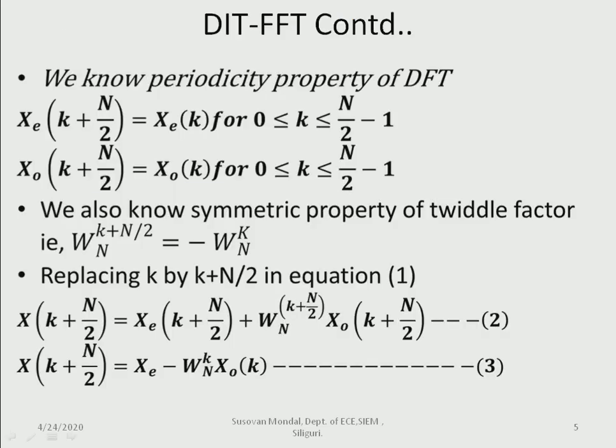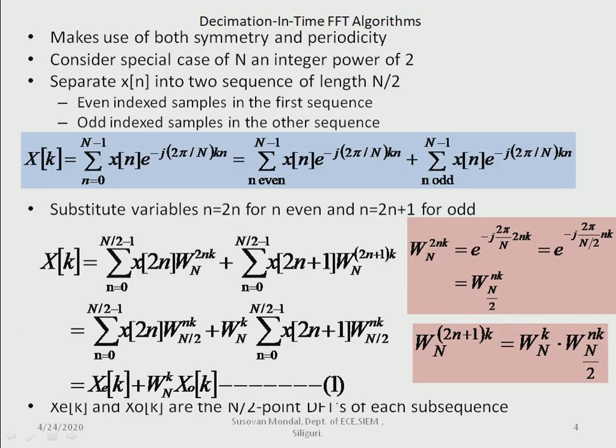Now if I move to the next slide, we know the periodicity property. What we did in the previous case is decimate the sequence in the time domain, and that is what is called decimation in time. With decimating the sequence in the time domain, we are taking odd indexed and even indexed samples. Now what about this frequency index k?